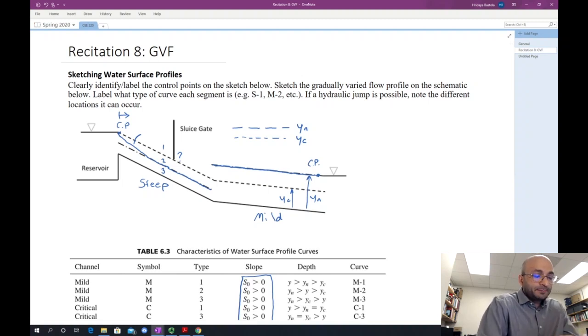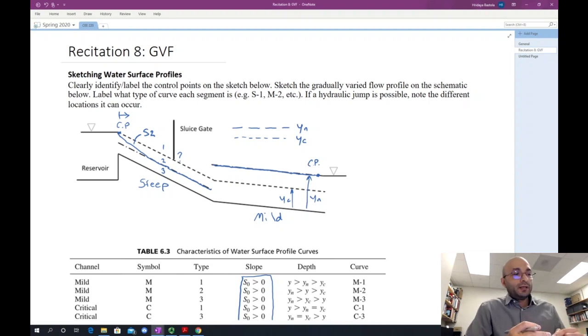So this one, since it's a steep channel and it falls in region 2, it's going to be S2. Now this one was already at normal depth. There isn't a curve we need to worry about there.